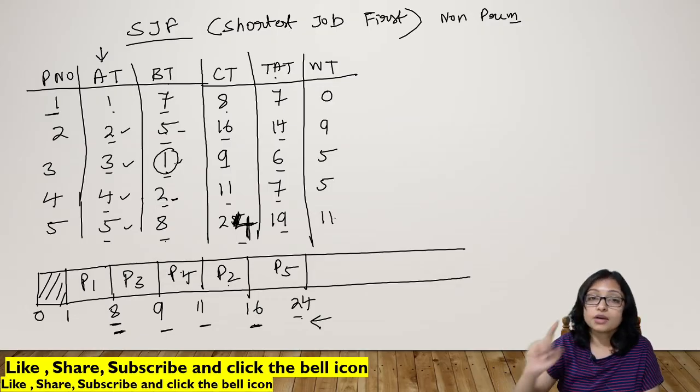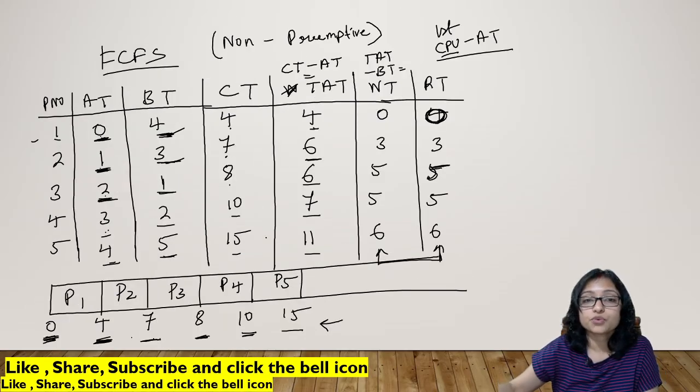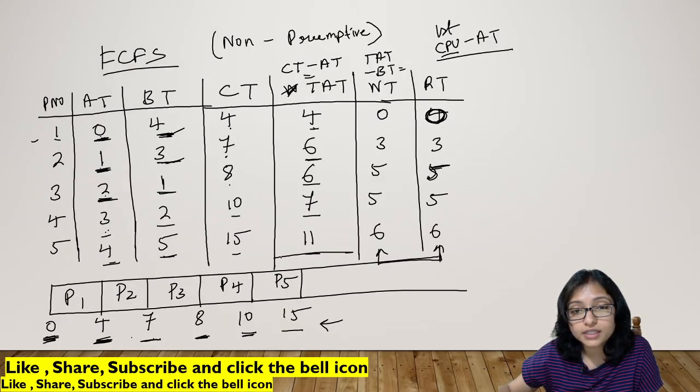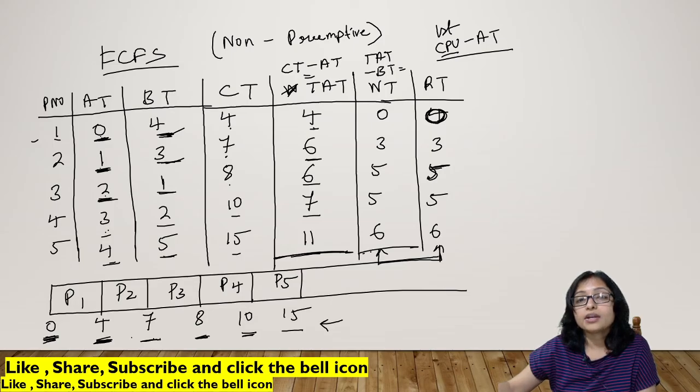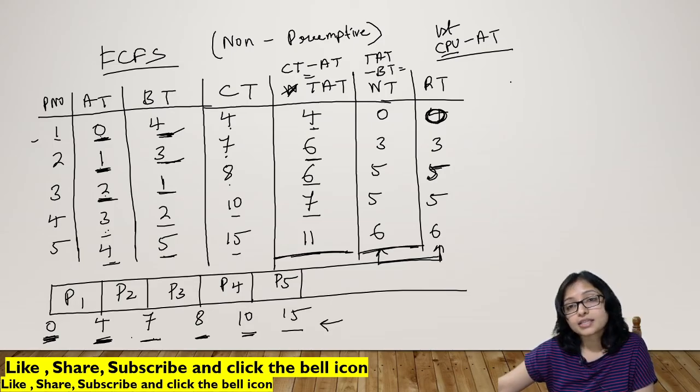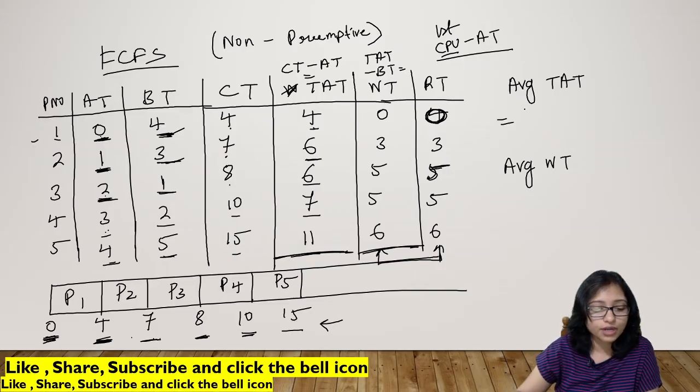Okay. Now, the last one, I forgot one thing: here we have to calculate the total turnaround time and waiting time. They are asking for the average turnaround time and average waiting time. So what will be the average turnaround time here?